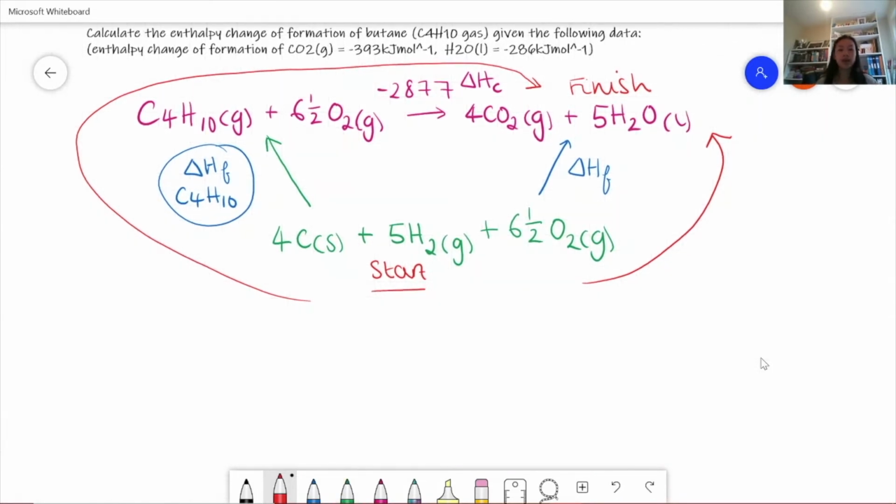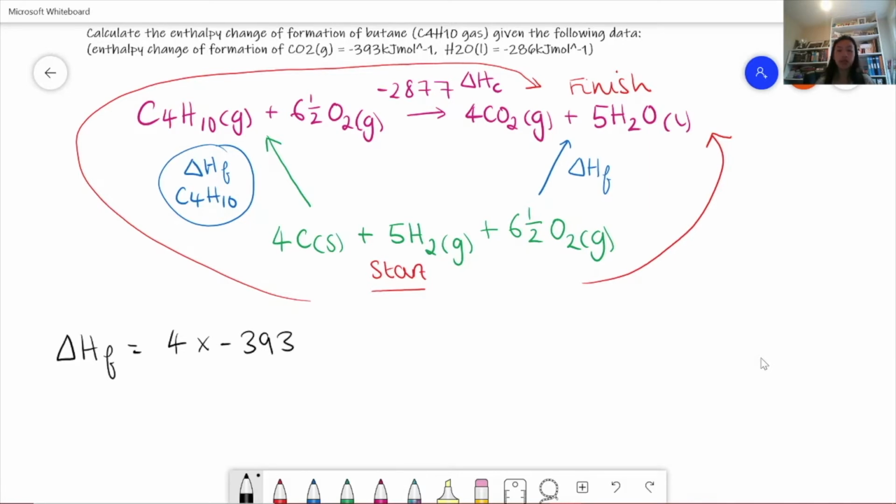So firstly, we're going to work out this delta H of formation from this to this. The delta H of formation equals 4 times carbon dioxide, because you're forming 4 of them. So it'd be 4 times minus 393.